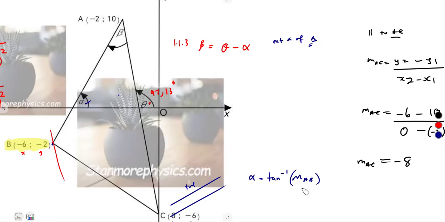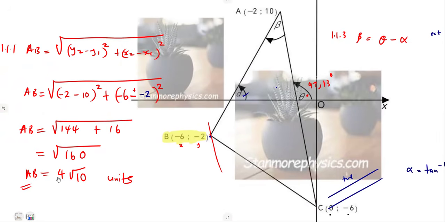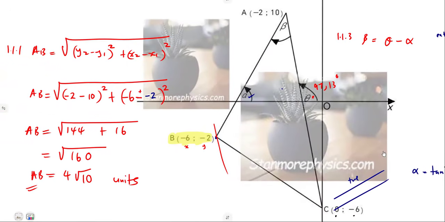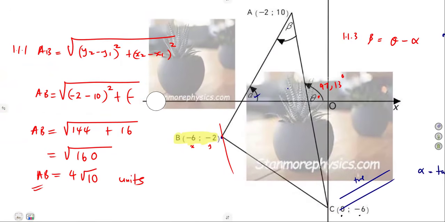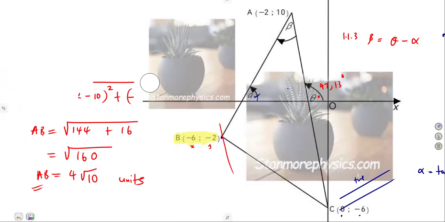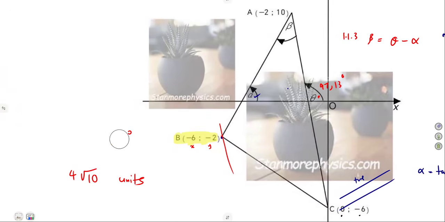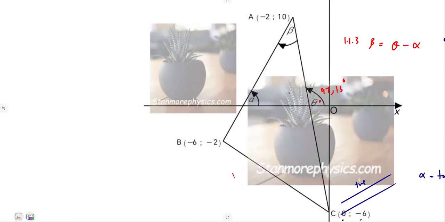But we do not have the gradient of AB. We only calculated the length of AB, not the gradient. So in this case, we're going to consider finding the gradient of AB. All right, so let us just utilize this space here and work out our AB. That's going to be the gradient of AB, y2 minus y1 over x2 minus x1.